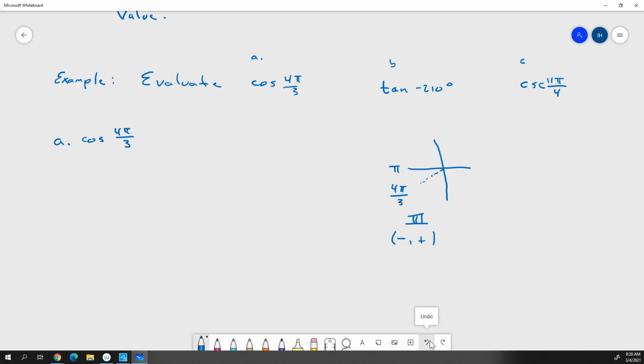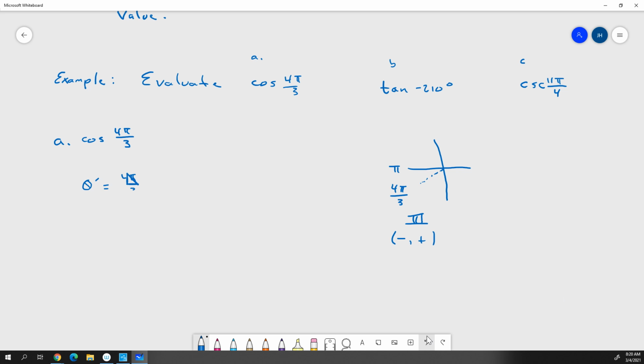So the first thing I need to do is find its reference angle. If you remember, anything that's in quadrant 3, to find our reference angle, we would use theta minus pi. And in this case, our theta is 4 pi over 3.